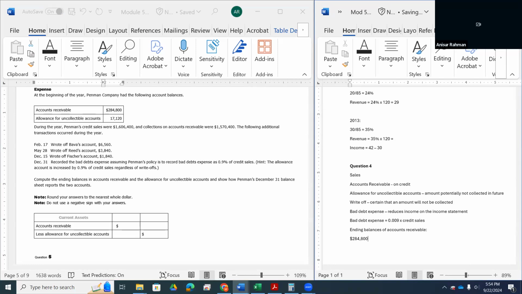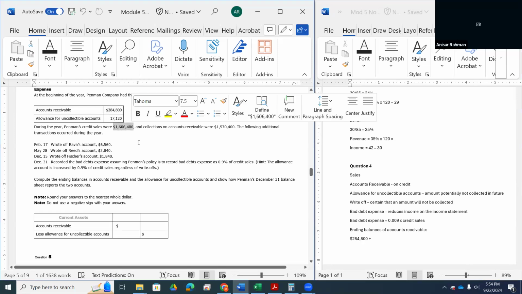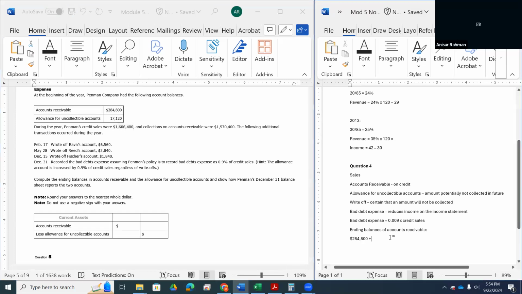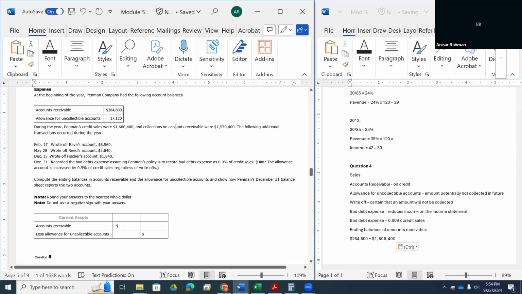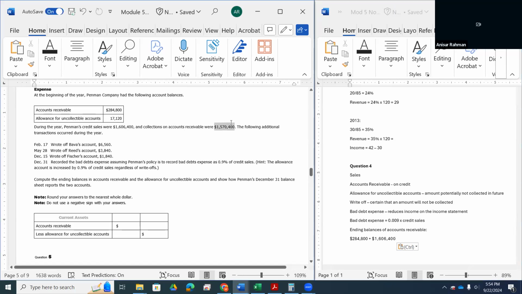And then we also sold an additional 1,606,400, so we add this amount here. And we also collected. So these are not accounts receivable anymore. These were collected, so we have to subtract this amount.